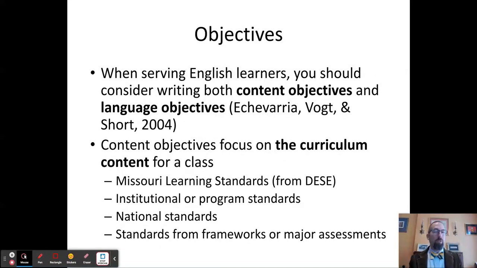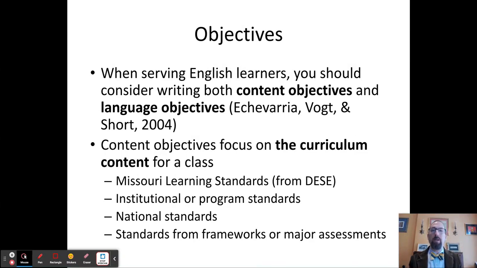So, objectives are extremely important to have in lesson plans. When writing lesson plans for English learners, you should consider writing both content objectives and language objectives. The content objectives are going to focus on the curriculum content for the class.